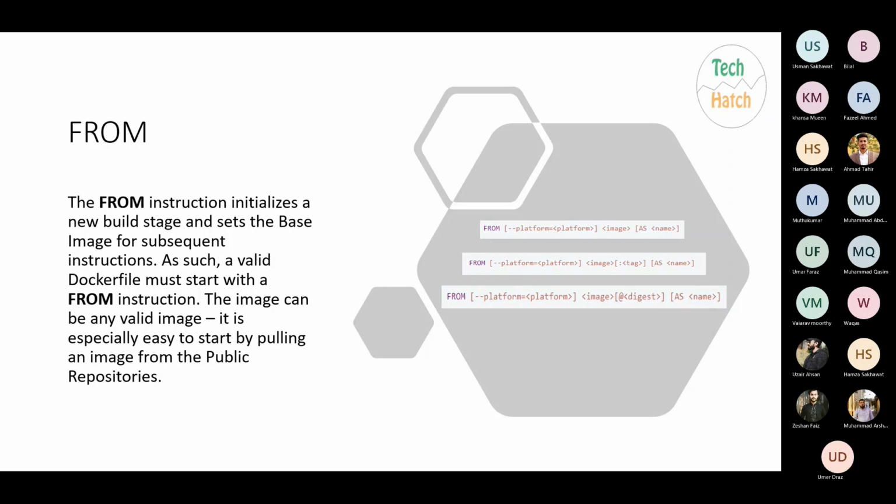Yeah, it's very easy to understand how the base image is being set through the FROM instruction, and how we're going to use multiple public repositories or public images to create our own custom images.